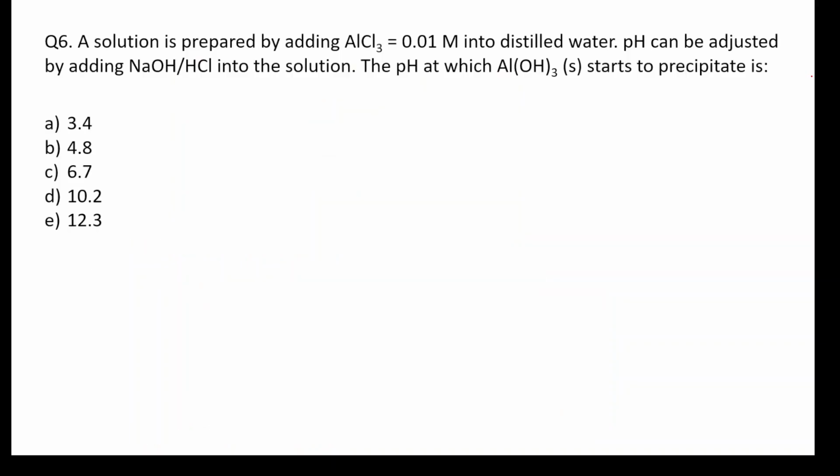Coming to next question. A solution is prepared by adding AlCl3 0.01 molar in distilled water. pH can be adjusted by adding NaOH or HCl into the solution. The pH at which aluminum hydroxide starts to precipitate is, here we need to see the precipitation. Earlier, whatever we were checking is based on no precipitation.